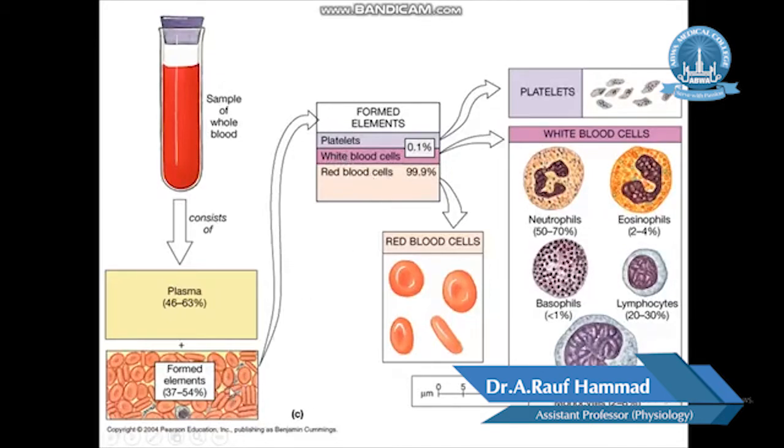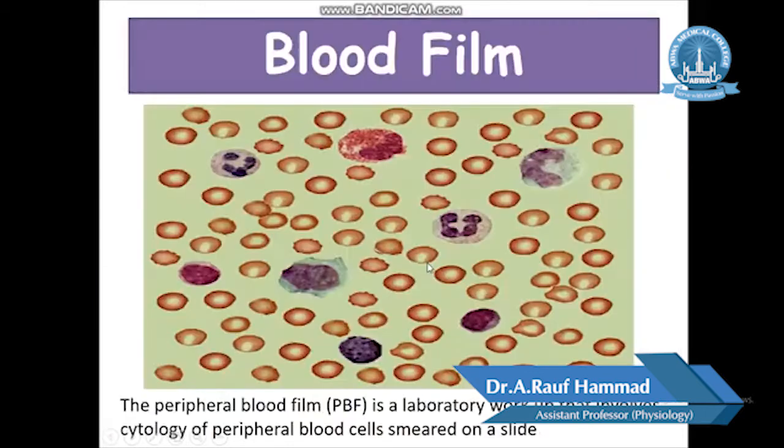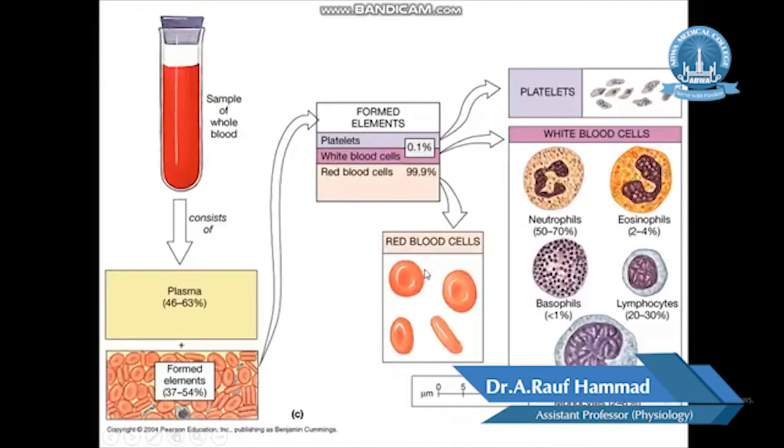Among these formed elements, only 0.1% are platelets and the white blood cells, and the remaining 99.9% are red blood cells. It looks red due to these red blood cells and due to hemoglobin in the red cells.